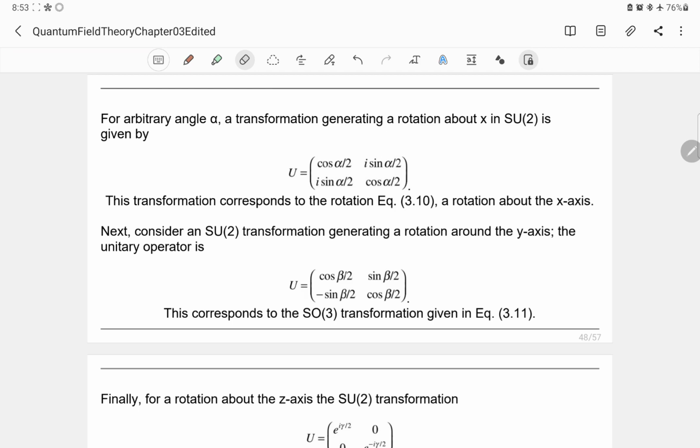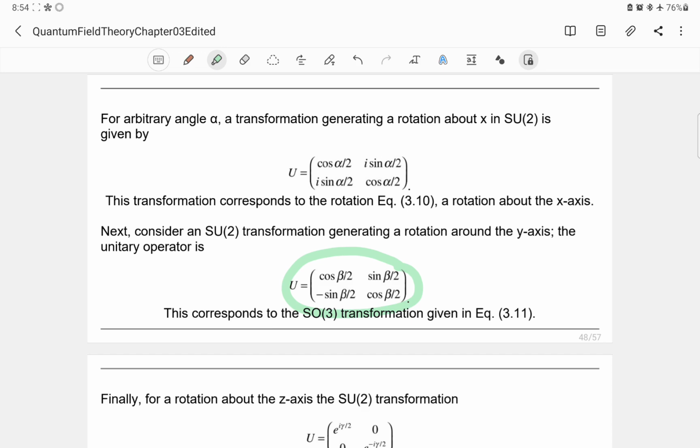And the unitary operator for SU2 transformation generating a rotation around the y-axis is just this matrix, and of course the angle there is beta, and this corresponds to the transformation in SO3 as well.